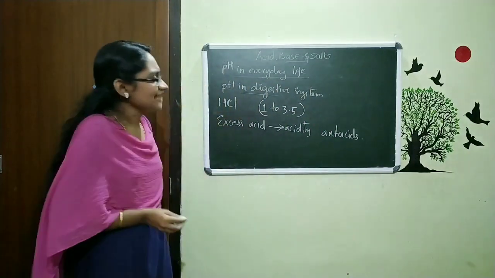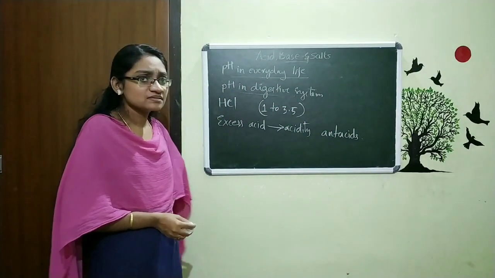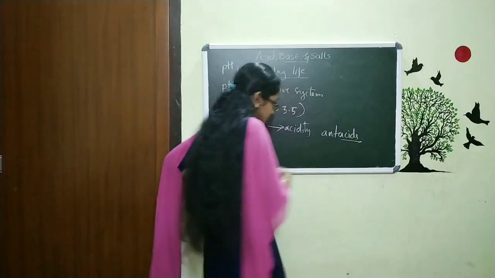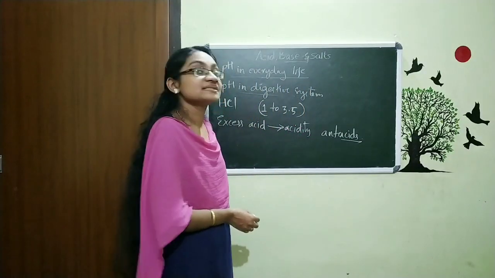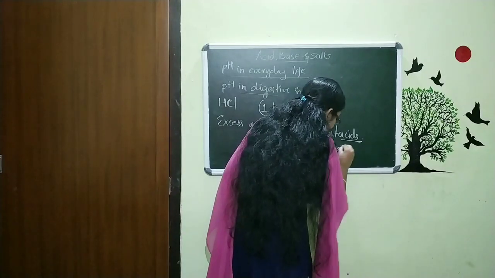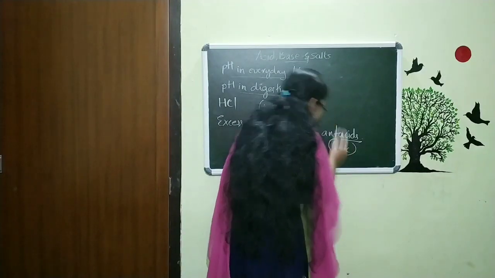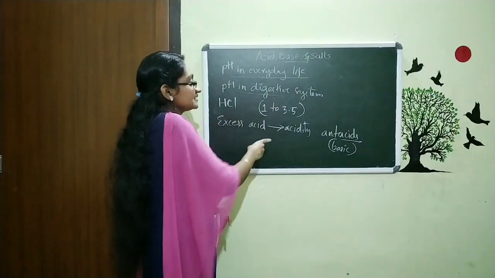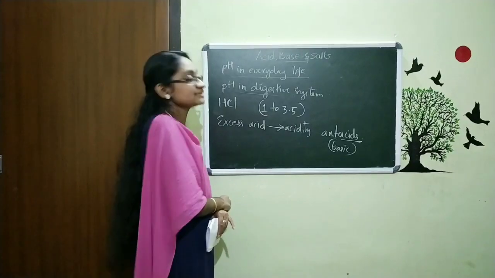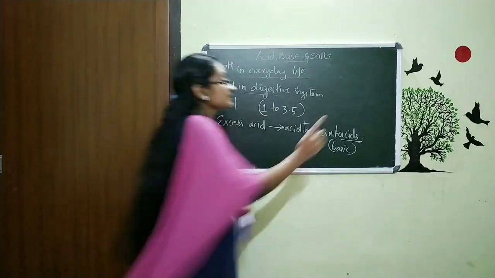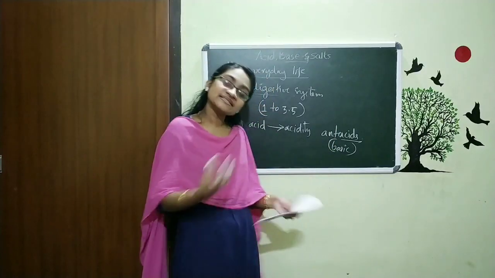Antacids. What is this antacid? Is it acid or base? Don't think that there is the word acid in the name and think this is an acid. This is not an acid. This is a tablet or something having a basic nature. So when we feel acidity, we take antacid tablets to cancel the effect of the acid, because the antacid is a basic substance.